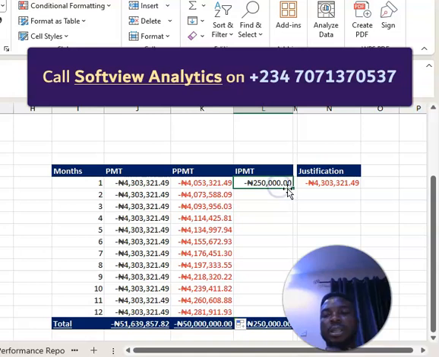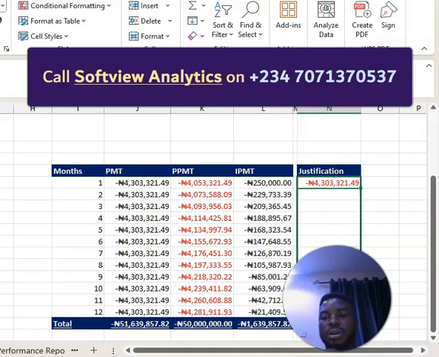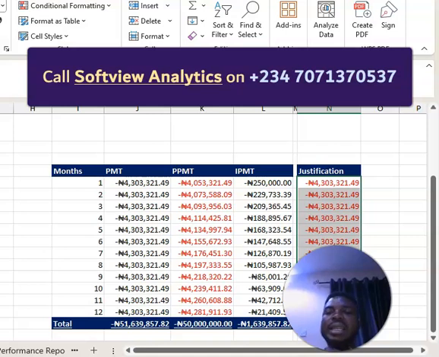And on each of them, the interest also varies. In the first month, the interest the bank has placed on you is 350,000 naira, but in the second month the interest is 229, right? So it actually varies. And we can see the justification also, being placed together. So in the end, the total interest on the 50 million naira that you have borrowed is given here.